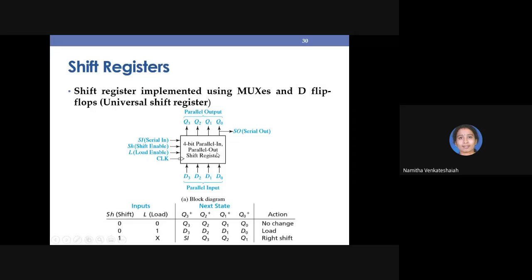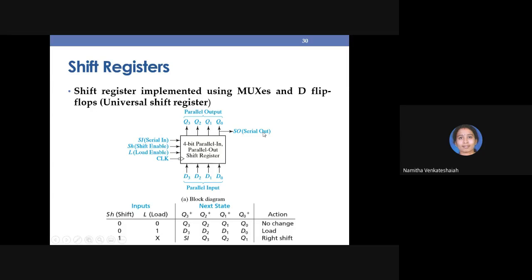I am indicating inputs through D0, D1, D2, D3, the parallel inputs. And what are the outputs? Q0, Q1, Q2, Q3 are outputs. And look here, we have serial output.